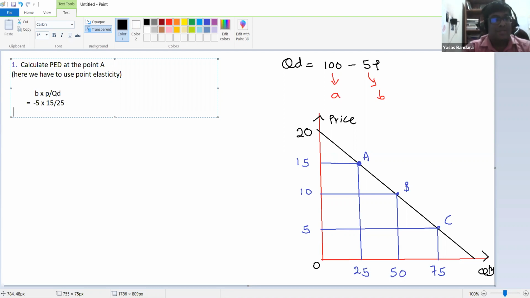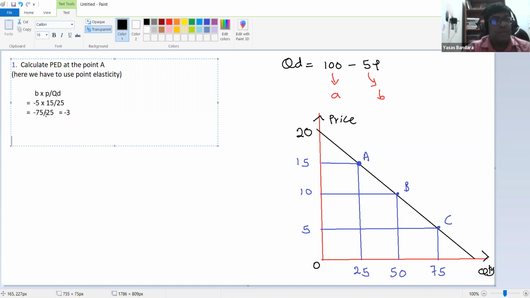So here it is minus 5 into 15, minus 75, divided by 25. So what is the answer? Answer is minus 3. Well, that is the elasticity at just that point.